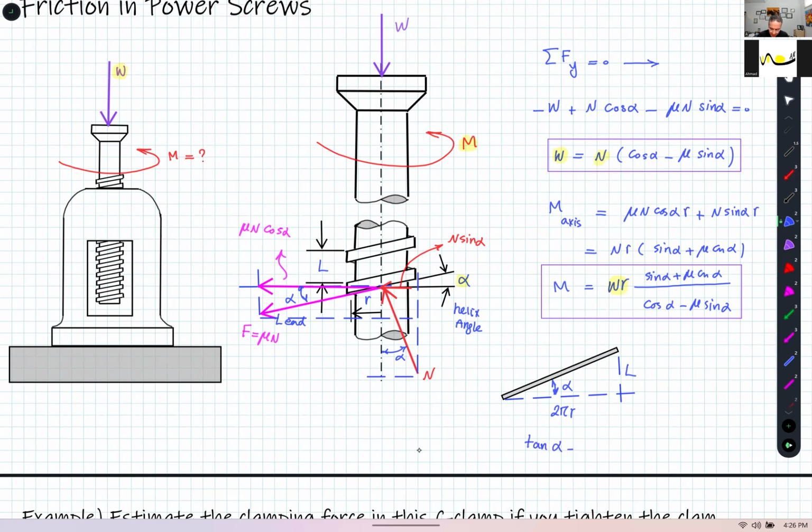Tangent alpha is L divided by 2 pi R. In other words, if I know R and if I know L, then I can find out alpha.